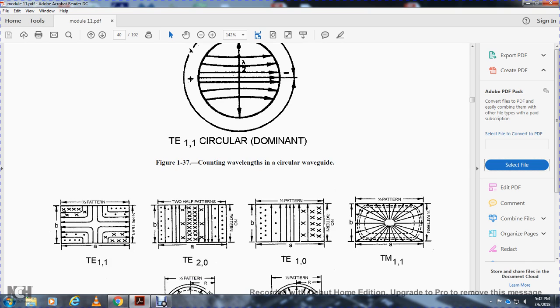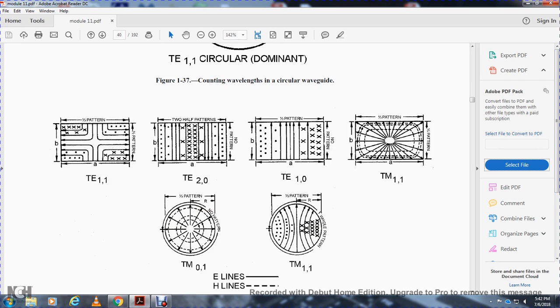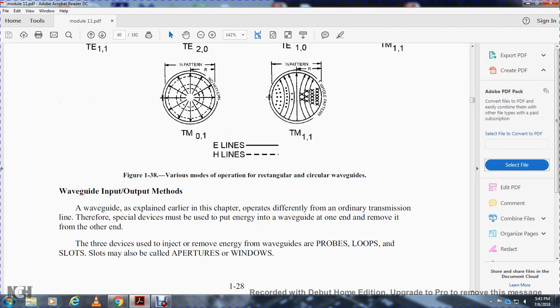Transverse electric 2-0 shows two half patterns, and transverse electric 1-0 shows one half pattern. Transverse magnetic 1-1 and transverse magnetic 0-1 are also shown, one with a half pattern and the other with no pattern around the circumference.